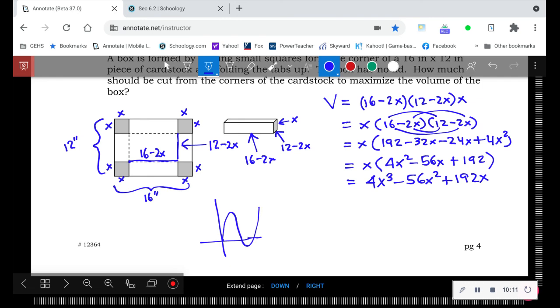Okay, anything below the x-axis gets ignored. That part is a volume that's negative, and you can't have a volume that's negative. And if you touch the trace key and the right arrow and move until you're in this position here, you'll see that that happens when you get over there.